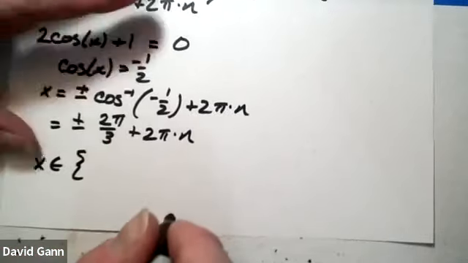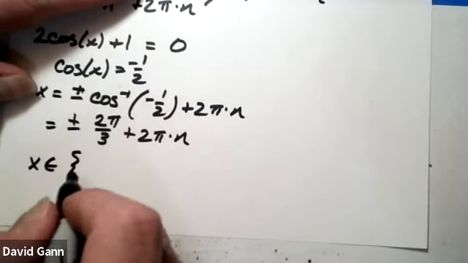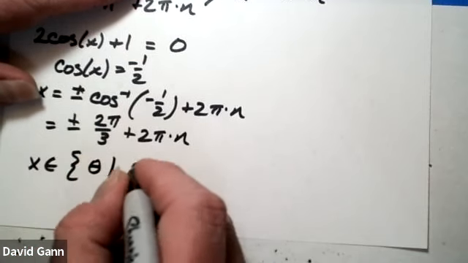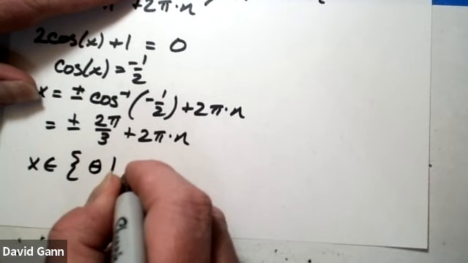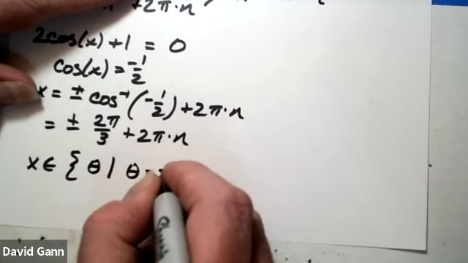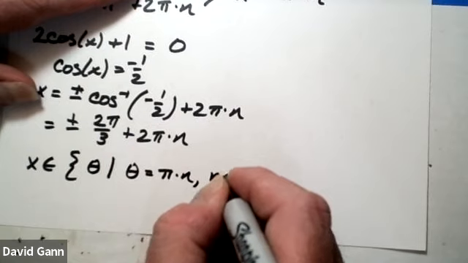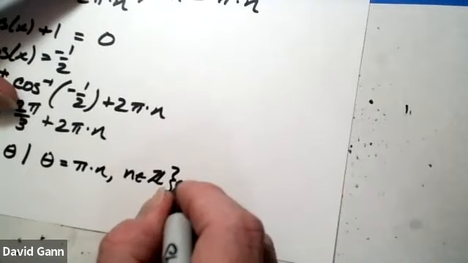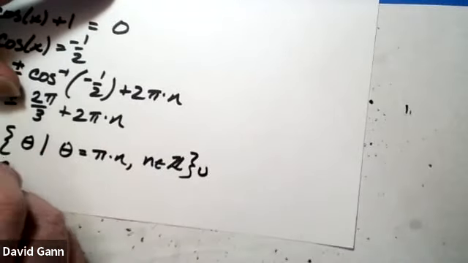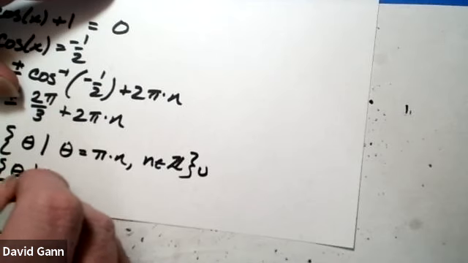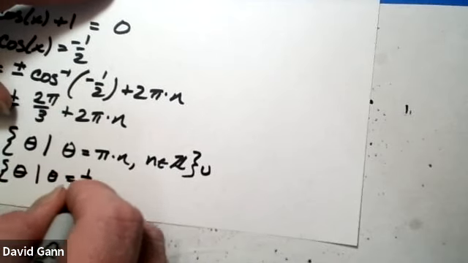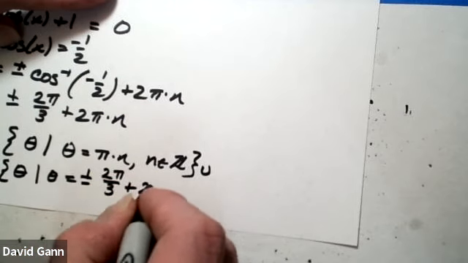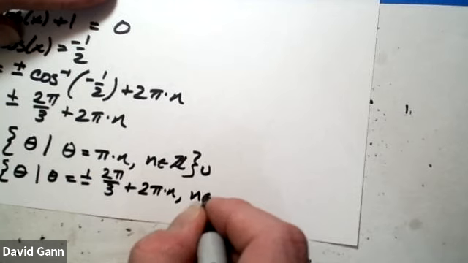Maybe if we do something like a change in variable. So if we go, x is an element of the set theta such that theta equals pi times n, where n is an integer, together with the set theta, where theta equals plus or minus 2 pi over 3 plus 2 pi times n, where n is an integer.